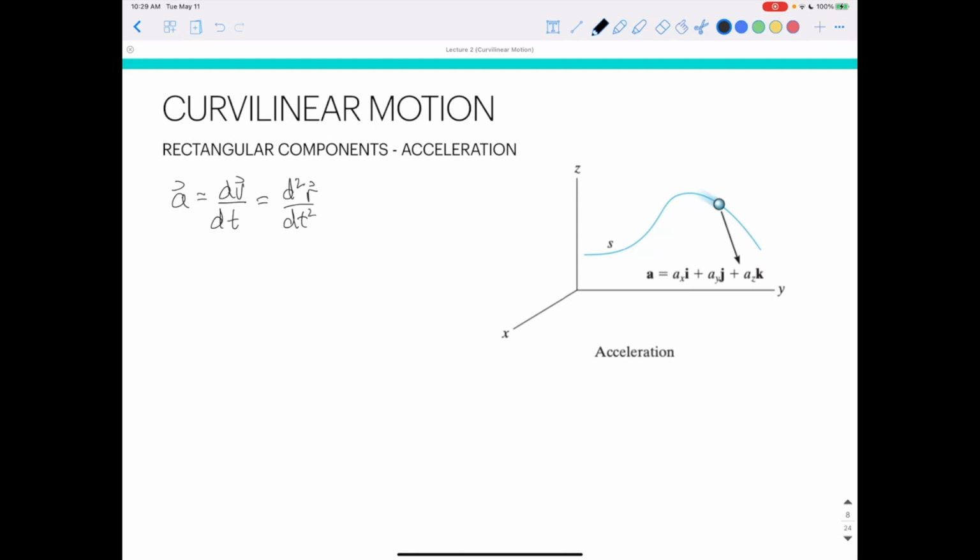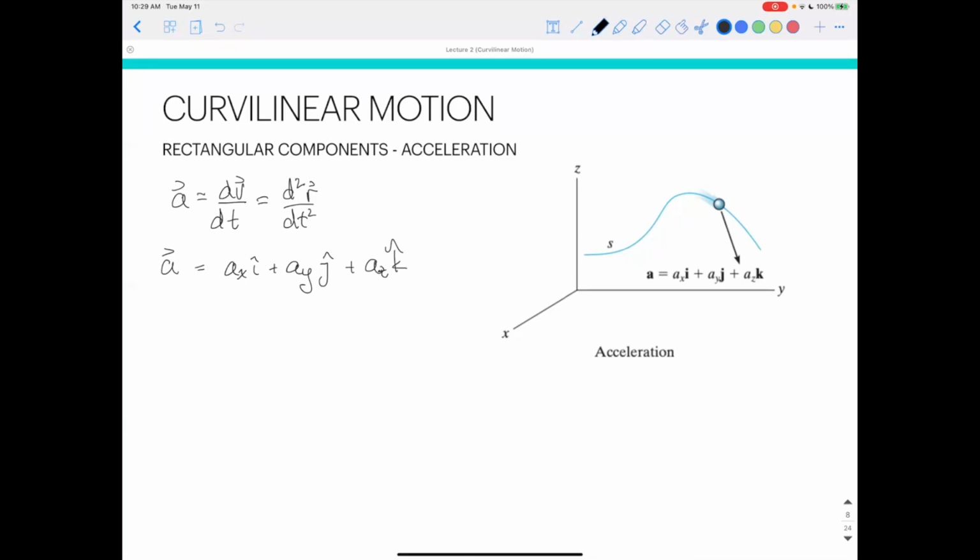And if we go by the same process as before, we can rewrite this as the acceleration components ax i plus ay j plus az k.